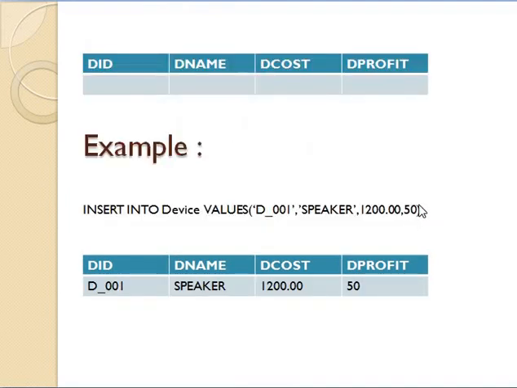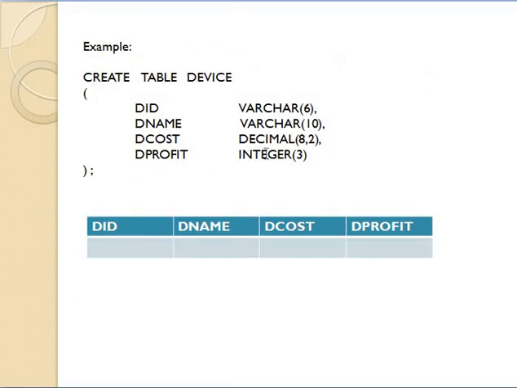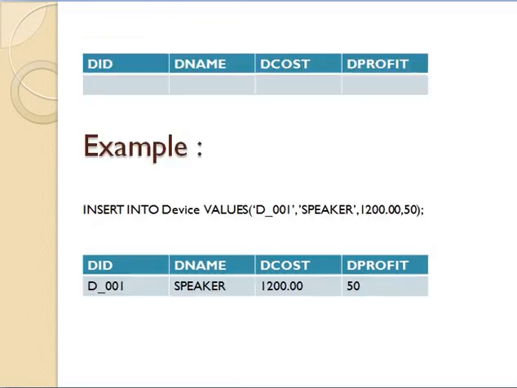And the fourth value, which is 50, is for the column dprofit. Even this value is not enclosed within quotations because the data type for the column dprofit is integer, which is also numeric in nature. That's why for numeric values, as I have already told, they should not be enclosed within quotations, and so the value 50 is not enclosed within quotations.